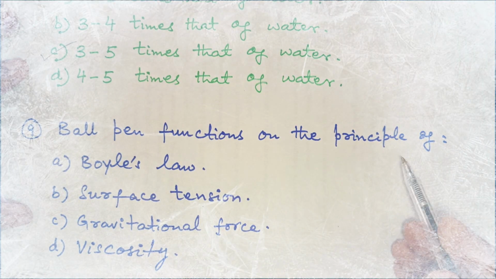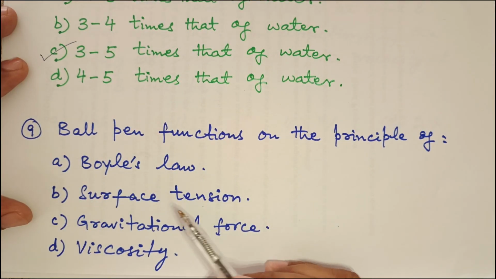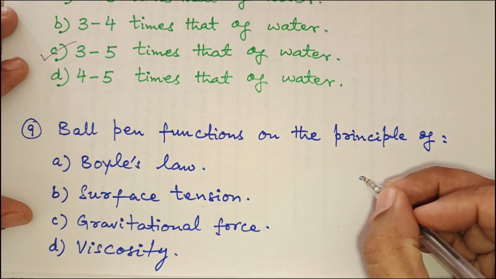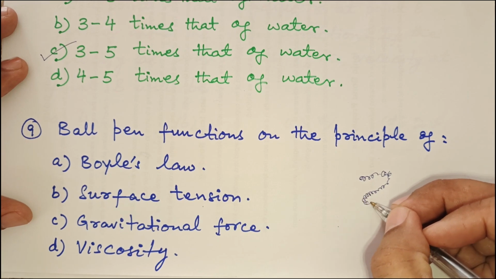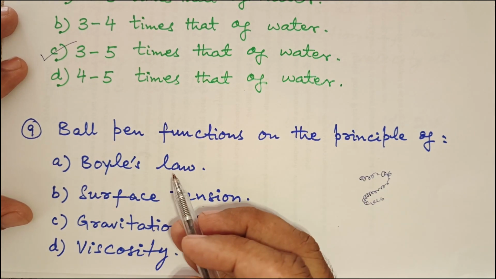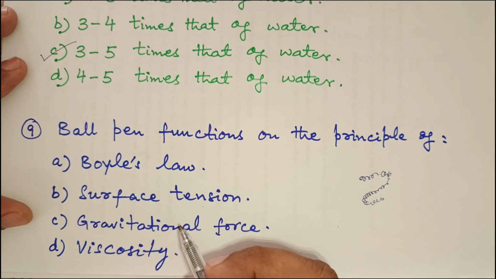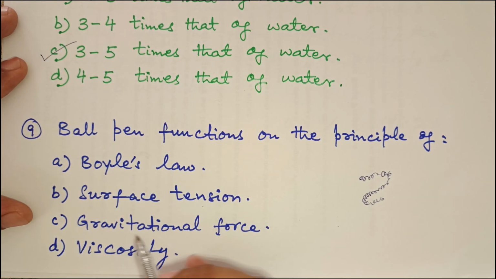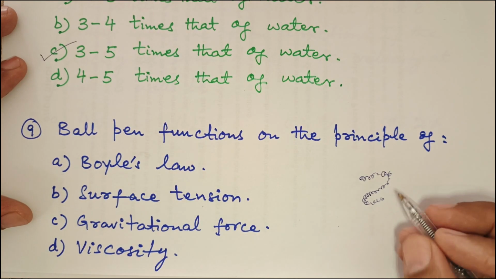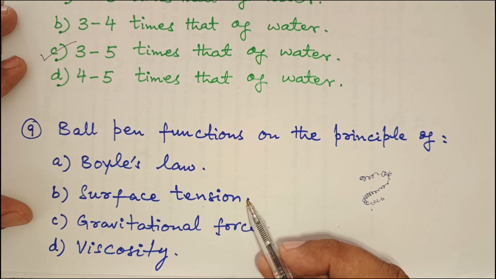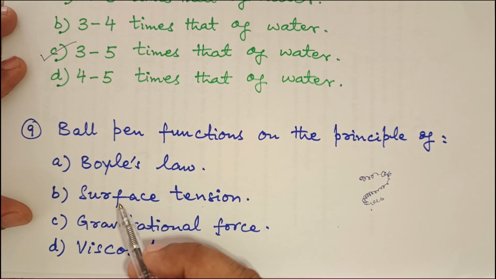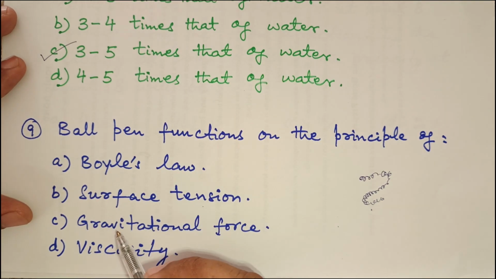A ball pen functions on the principle of what? This is a ball pen. How is this moving? Like this. It functions on which property of physics? Boyle's law? Not at all. Surface tension? Maybe. Gravitational force? Maybe. Viscosity. When you differentiate between a ball pen and a fountain pen or ink pen, you find that the ink pen works on the principle of surface tension and gravity.